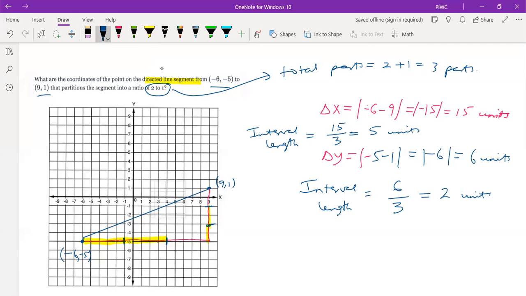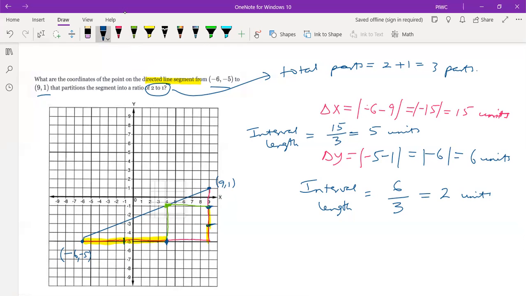Once I do that, I can draw a horizontal line from this point, because this is the point that I'm interested in. That represents 2 to 1. So I draw a horizontal line. Let's use the green. Draw a vertical line up, touches the line, then draw a horizontal line to touch the line segment. Wherever the 2 lines touch, that will be the partition point. So these are partition points. Let's label the point that we have here.